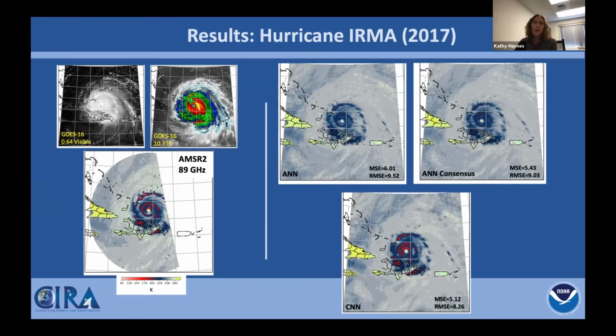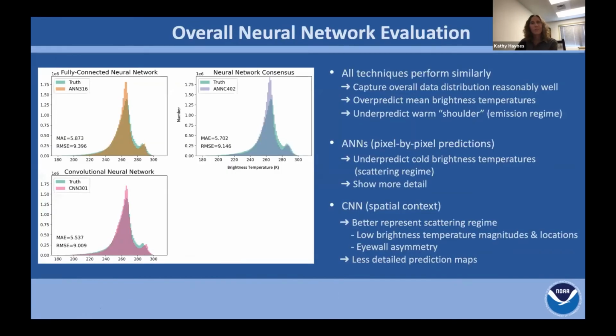Whereas if we move down to the bottom panel, the CNN does a better job of getting those low brightness temperatures and getting the gradients in the convective structure. However, the CNN does appear to have less detail and does a worse job at getting the warm emissions from the rain over the oceans.